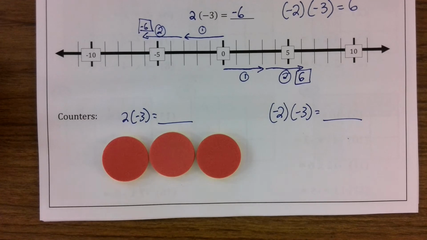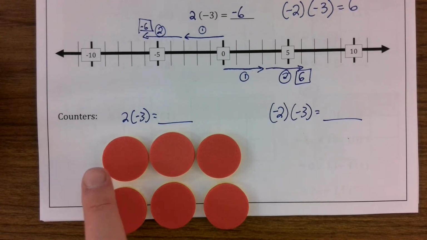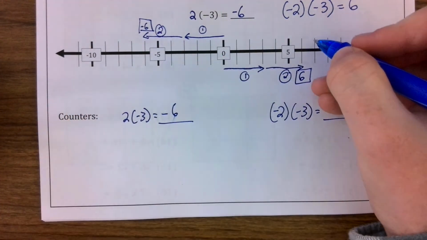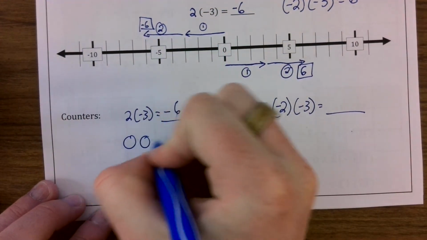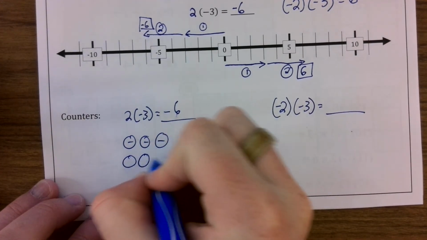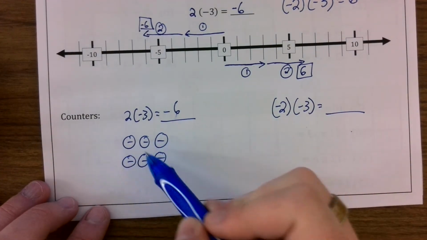And I have that twice. 1, 2, 3. So altogether I have 1, 2, 3, 4, 5, 6, and they're red, so these are negative 6. If we were to draw these, I would do 1, 2, 3, negative, negative, negative, 1, 2, 3, negative, negative, negative. We have negative 6 altogether.